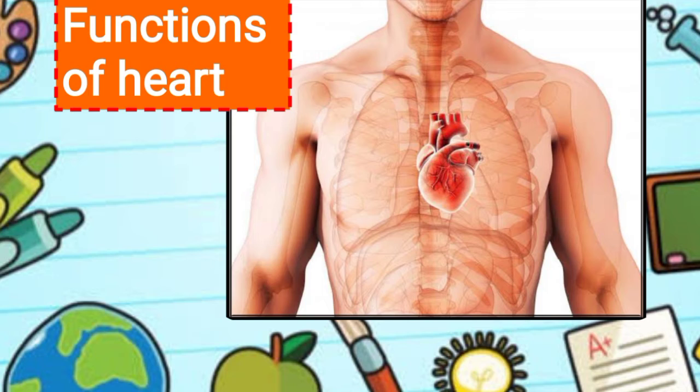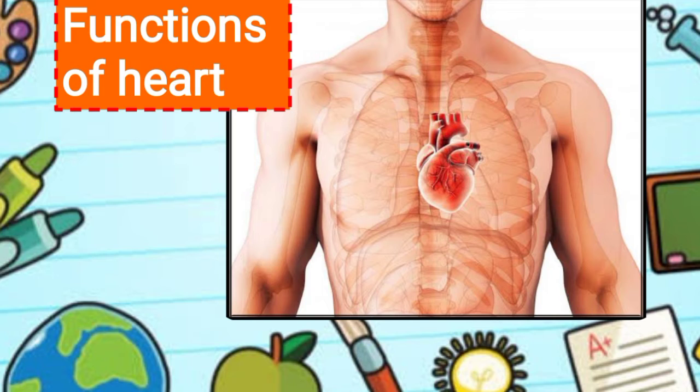The function of the heart in any organism is to maintain a constant flow of blood throughout the body, in animals or in humans, and it replenishes oxygen and circulates nutrients among the cells and tissues. One of the primary functions of the human heart is to pump blood throughout the body.